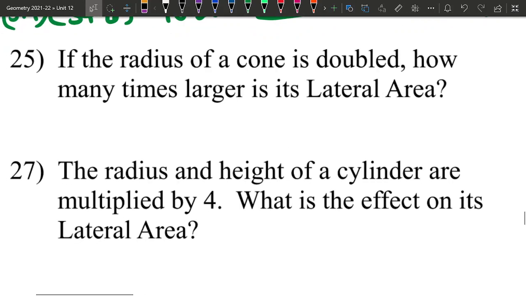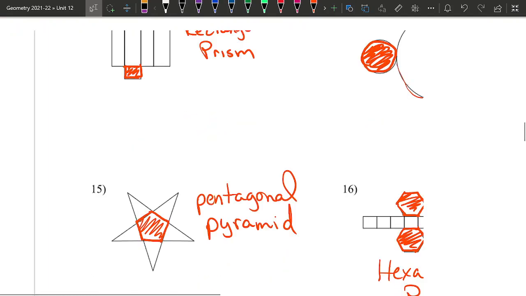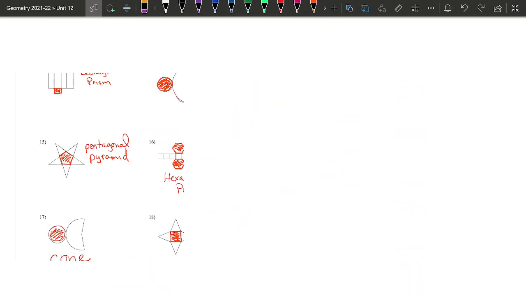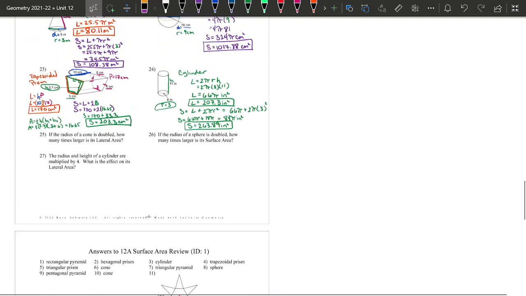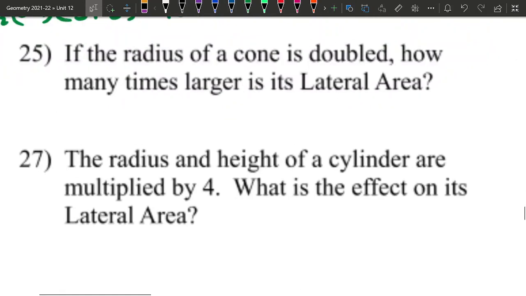Because 25 is different than 26 and 27. I lost it. Where'd it go? There we go.